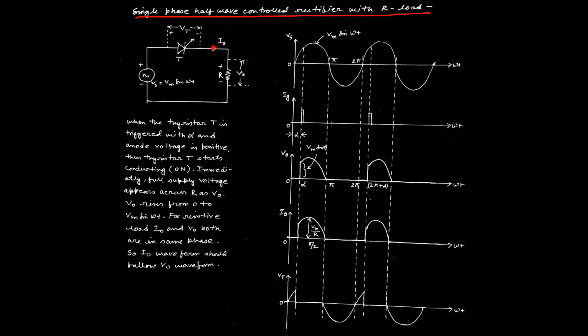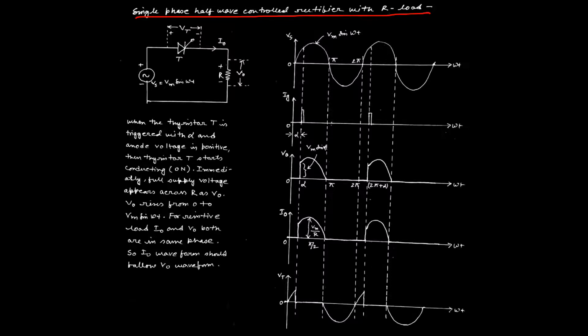The current that flows throughout the circuit is the output current, defined by Io. And these are all the waveforms we have considered: first Vs, the supply voltage, then Ig, the gate current, then Vo, the output voltage, then Io, the output current, and Vt, the voltage across the terminals of the switch or SCR.